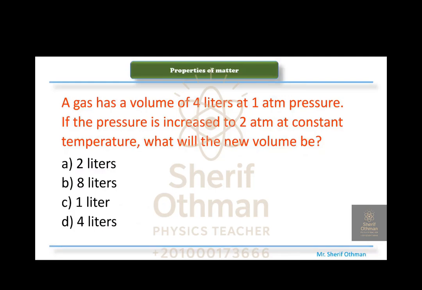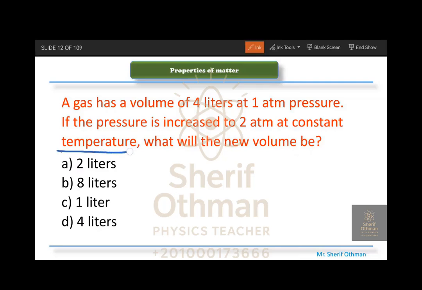A gas has a volume of 4 liters at 1 atmospheric pressure. If the pressure is increased to 2 ATM, atmospheric pressure, at constant temperature, what will the new volume be? Here, the temperature is constant, so I'm going to find the relation between P and V. P1 V1 equals P2 V2.